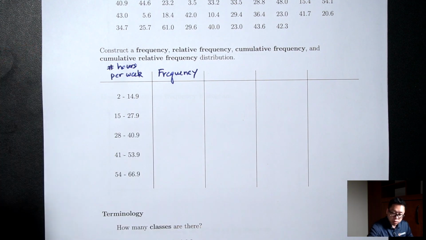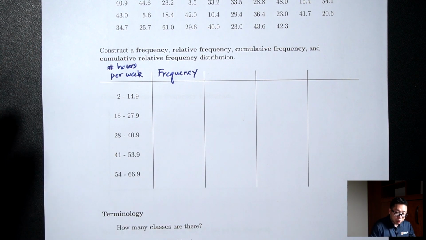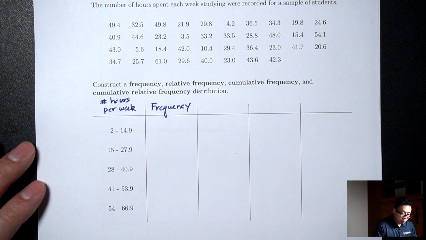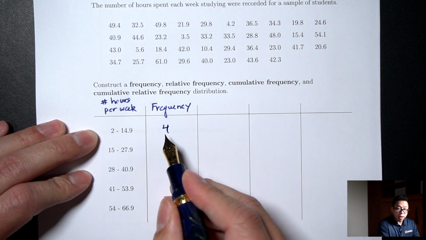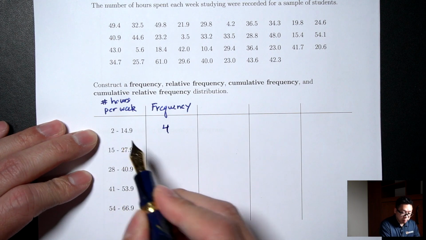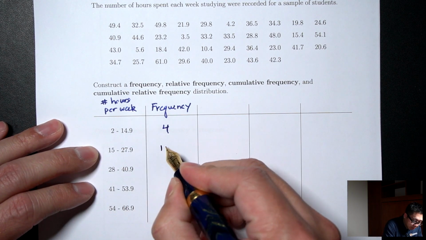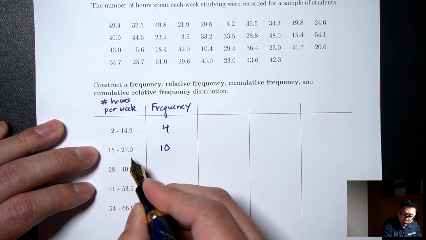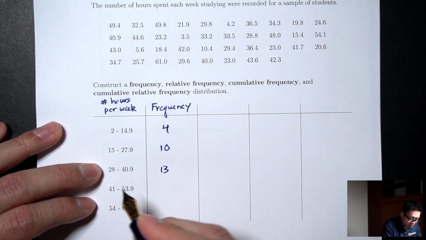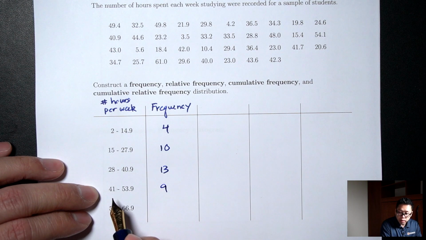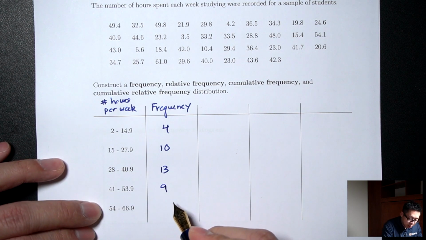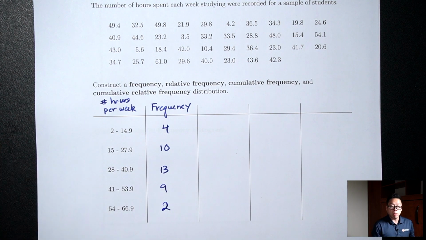So I'm going to tell you the frequencies, but if you actually do count, you'll find that there are 4 data values that are between 2 and 14.9. There are 10 between 15 and 27.9. There's 13 between 28 and 40.9, 9 between 41 and 53.9, and 2 between 54 and 66.9.